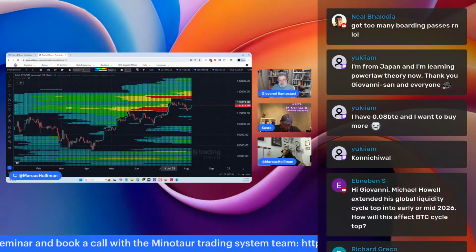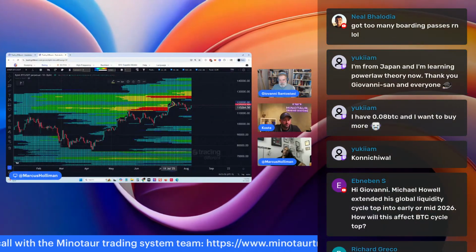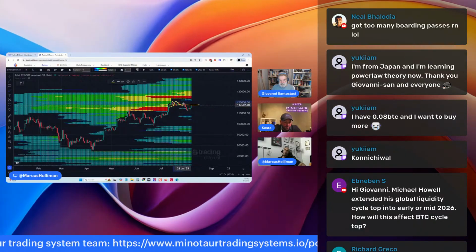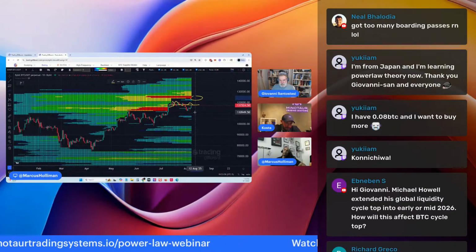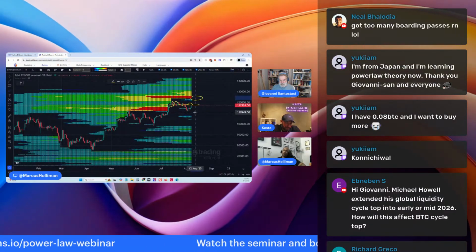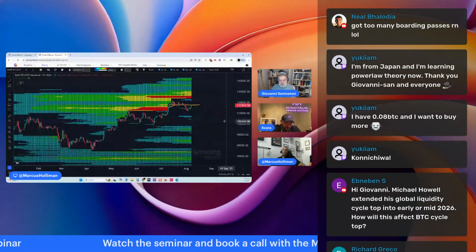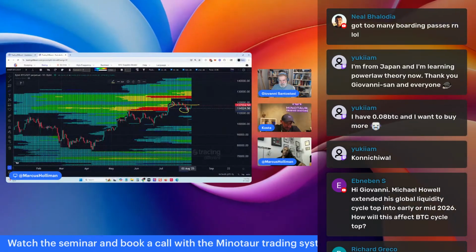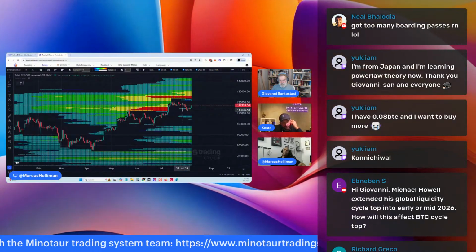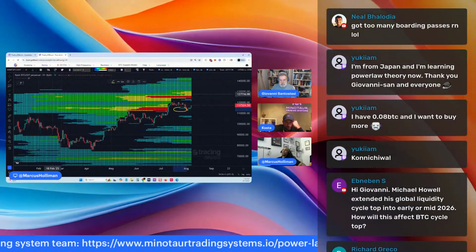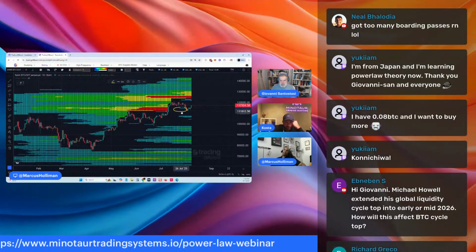The institutions create these beautiful ranges for us. They create that range where all these traders are betting on longs and shorts, and their liquidity gets added above and below the range until it's time to harvest. So they made the move last week and went through this accumulation phase. And now when you accumulate, you have to do something with that inventory.